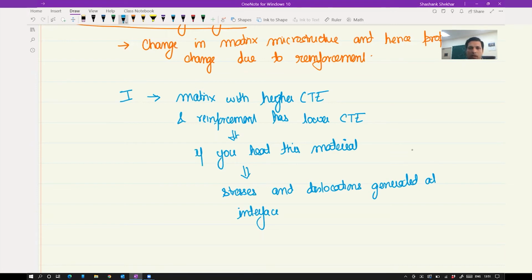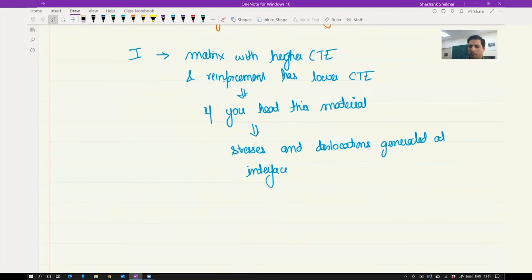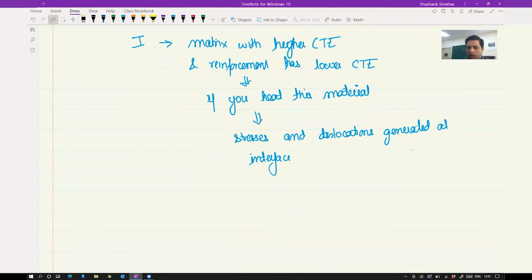So this is dislocation interaction strengthening, or you can say strain hardening, because there is now strain in the region and that leads to strengthening in the composite.